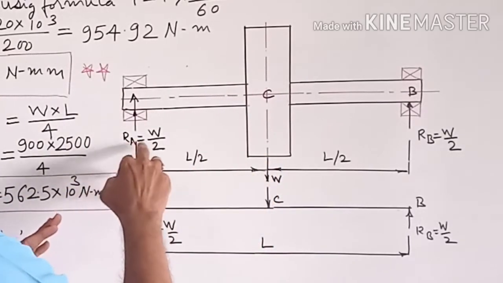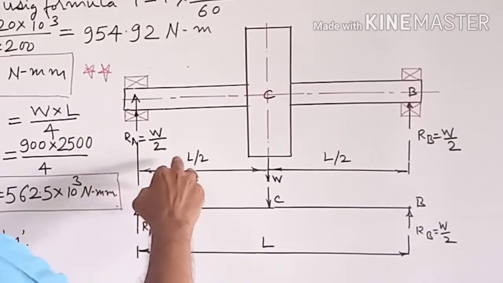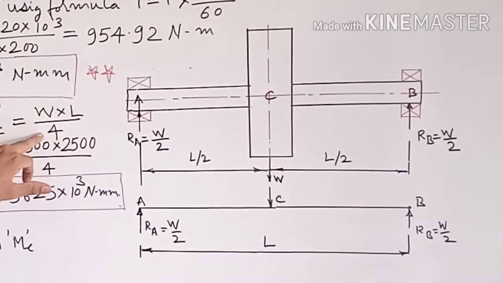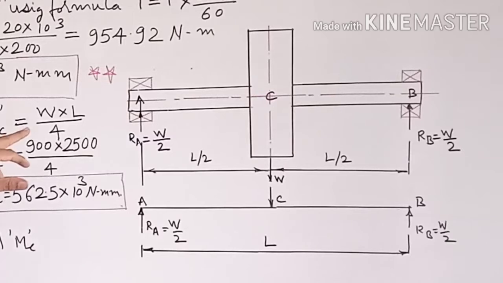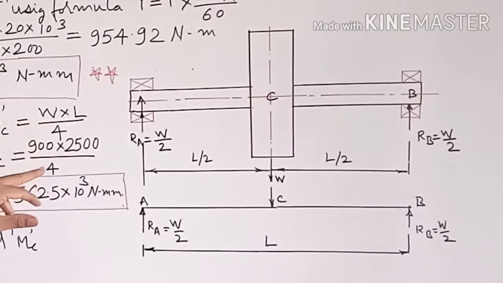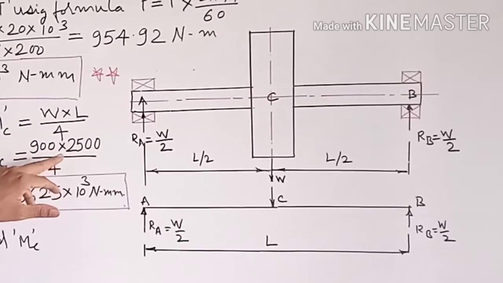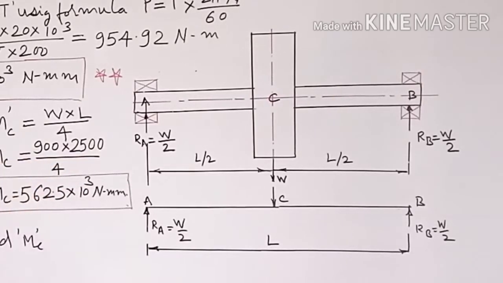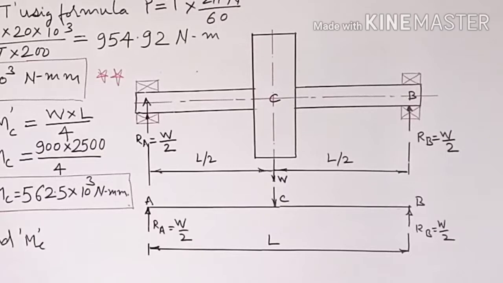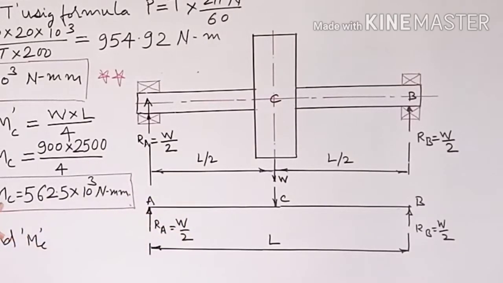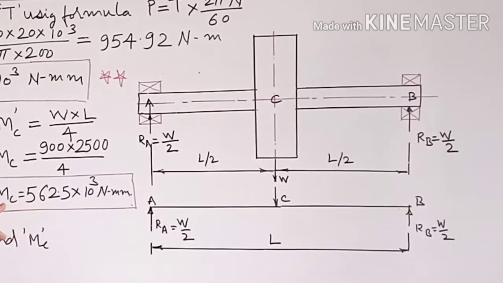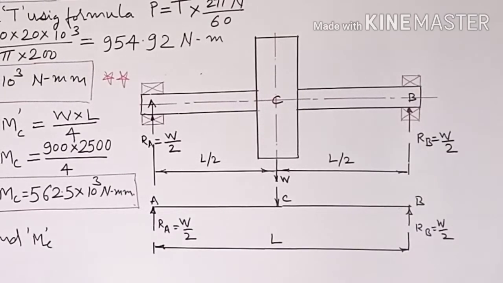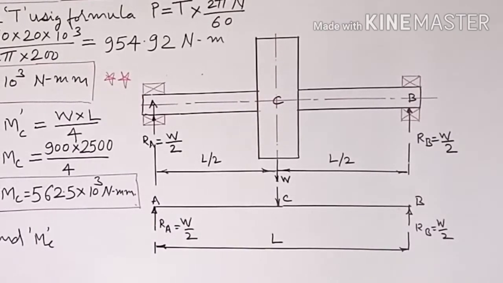So RA, W by 2, is multiplied by L by 2, and we will get W into L by 4. Putting W equal to 900 and L equal to 2500, divided by 4, we will get the maximum bending moment at C equal to 562.5 into 10 raised to 3 Newton millimeter.